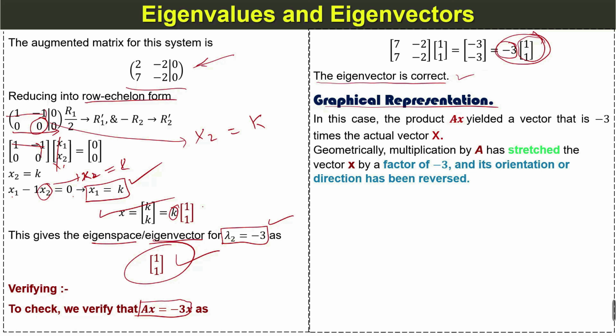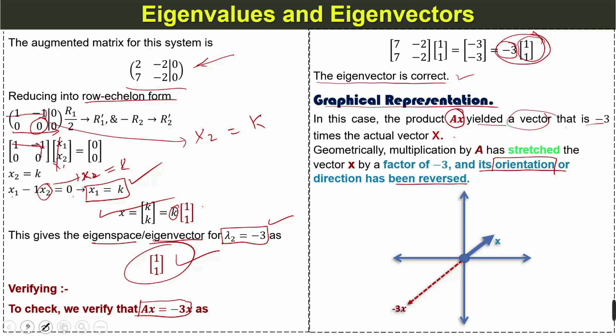In this case the product Ax yielded a vector that is -3 times the actual vector, and geometrically multiplication by A has stretched the vector x by a factor of -3, and its orientation, meaning direction, has been reversed, opposite to the original vector.